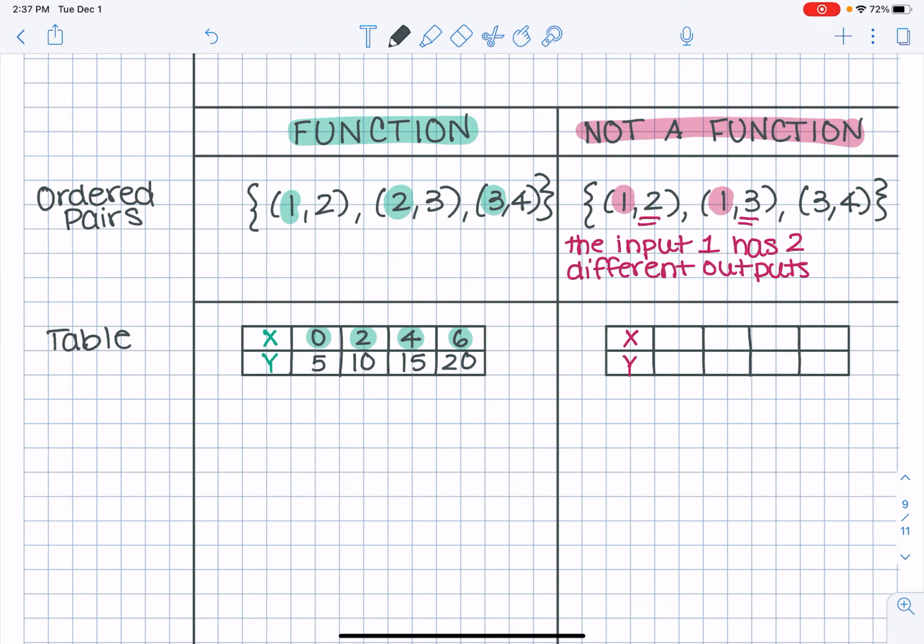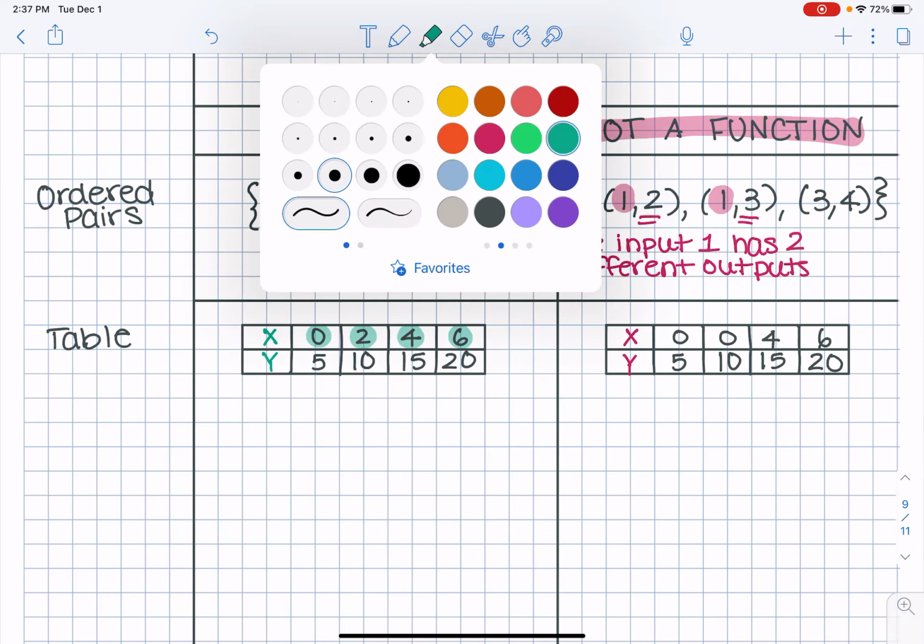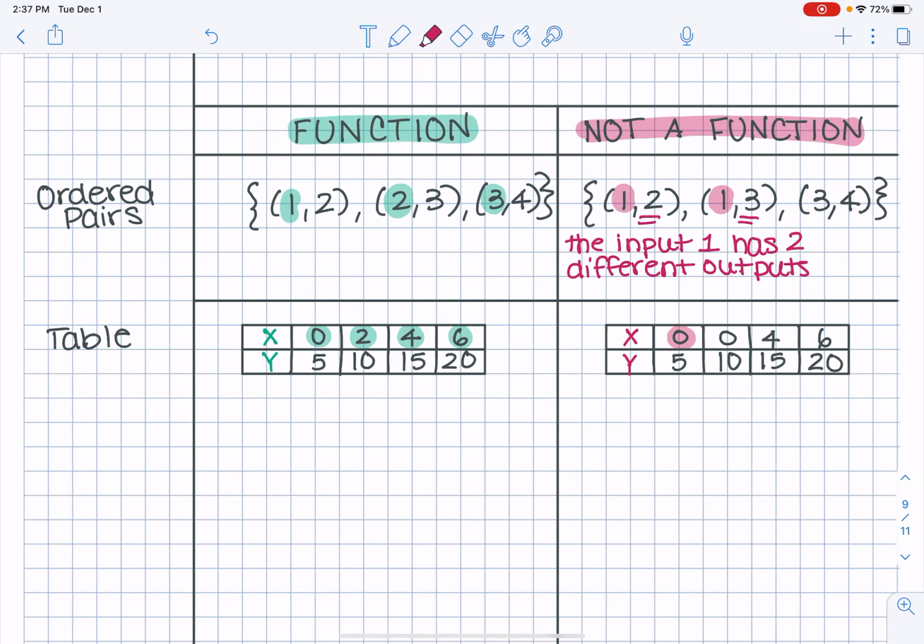However, in my second table, let's say I switch one up. So let's say I have 0 twice, and then I have 4 and 6. And let's keep everything else the same. I cannot have my inputs repeat.